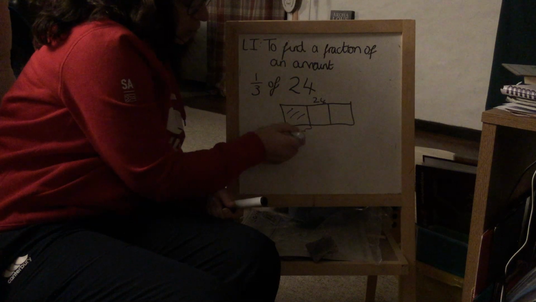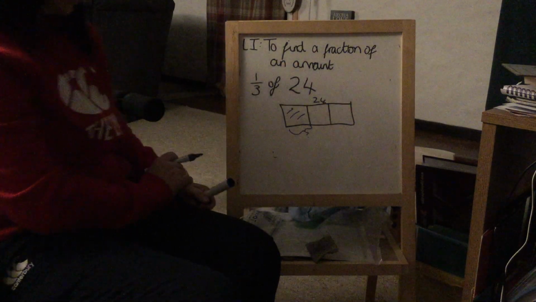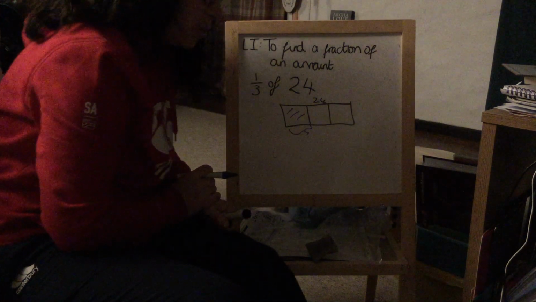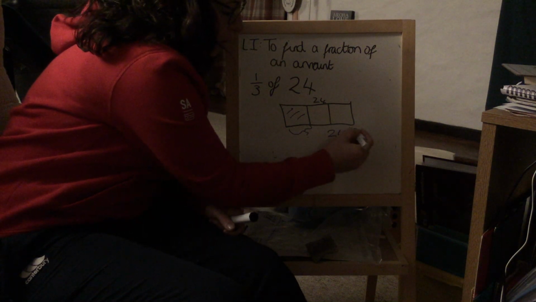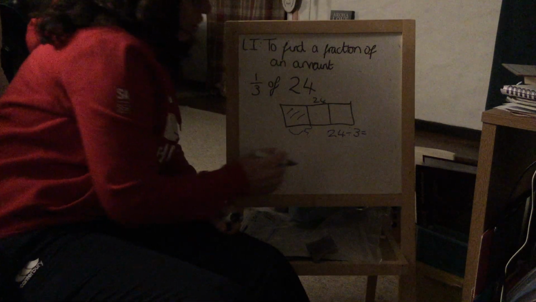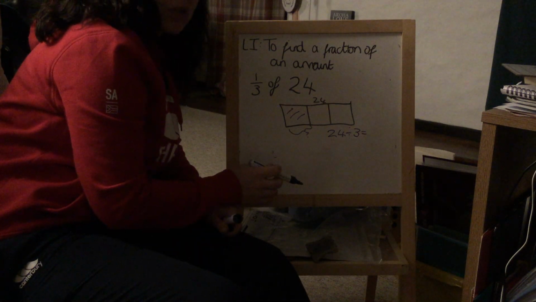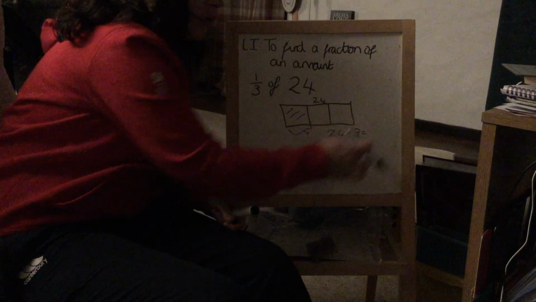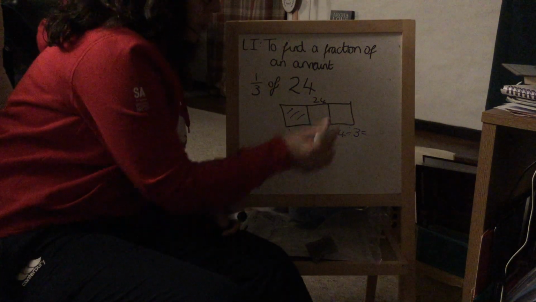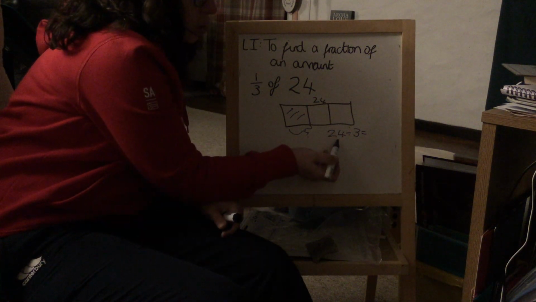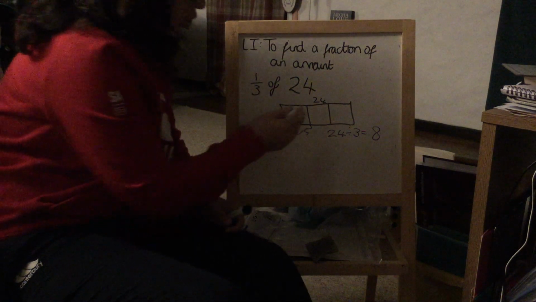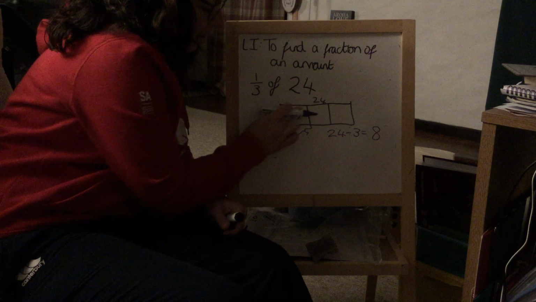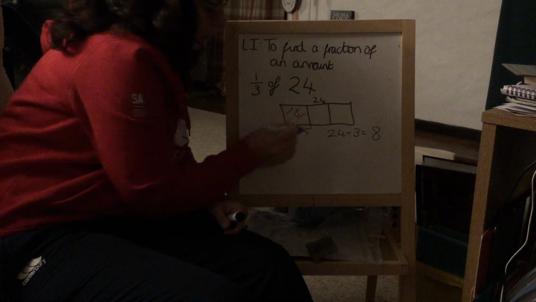So this piece here. Again, we do exactly the same as what we did last time. We do 24 divided by 3. Now thinking of our times table facts, if you need to write them down, you absolutely can. But I know my 3 times table, so I know 24 divided by 3 is 8. So this one piece here has the value of 8.